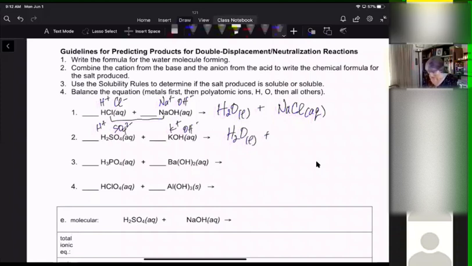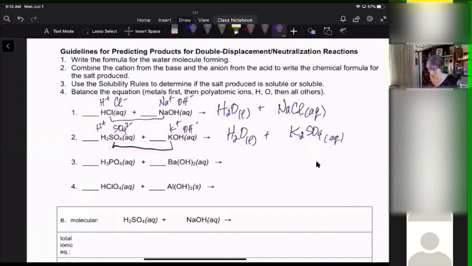Now we have to combine these together, those ions, to make a neutral compound. We're going to write that formula with the subscripts. And we'll look it up on the solubility rules to find out if it's solid or aqueous in water. Rule number 1 says that potassium ions are soluble.